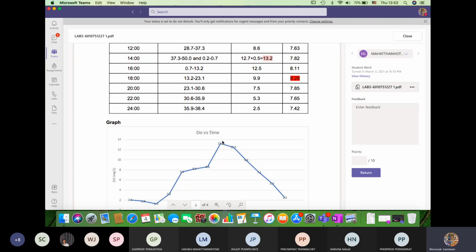So here we can say that the oxygen dissolved in this pond is much greater than the saturated concentration. It cannot come from the diffusion of oxygen from the atmosphere.